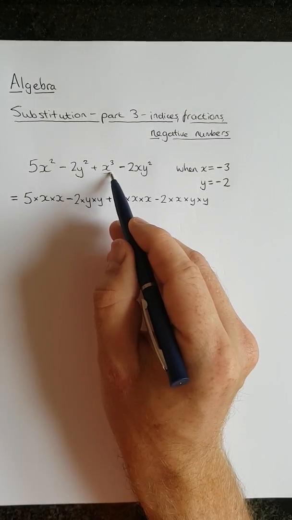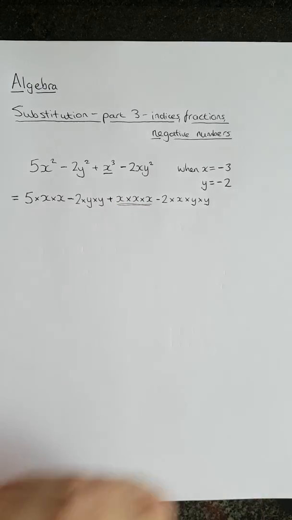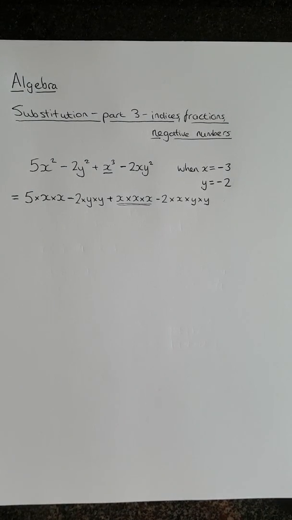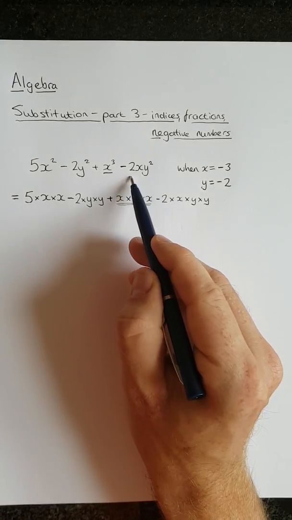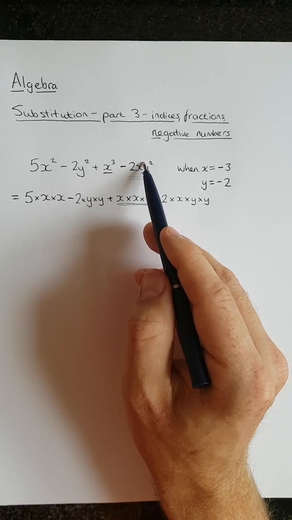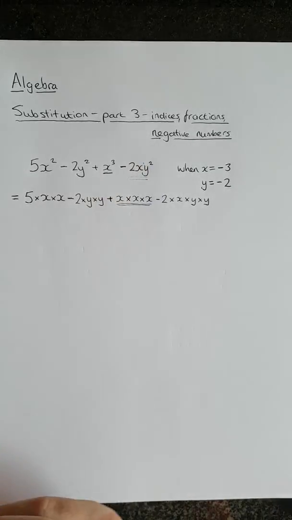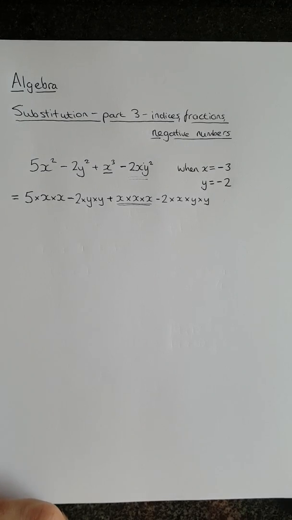Now, let me just check. x cubed. There it is. The second one also causes people problems. Can you see here? There's no indices written next to the x. That means it's just a single x.